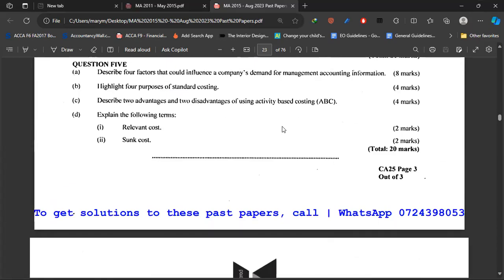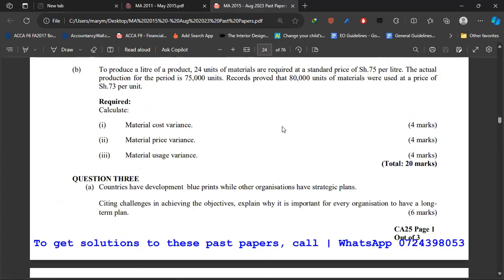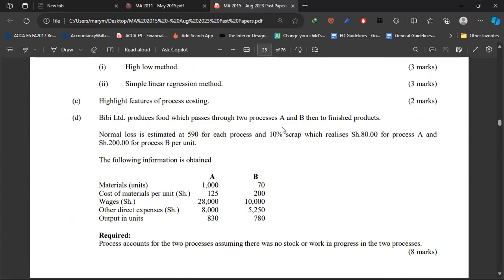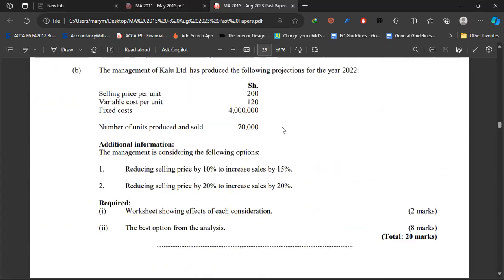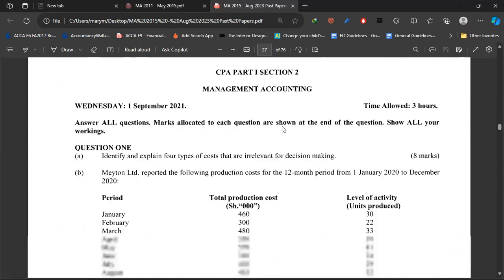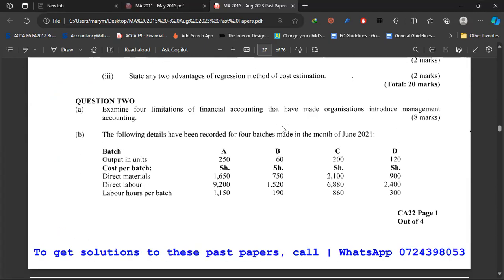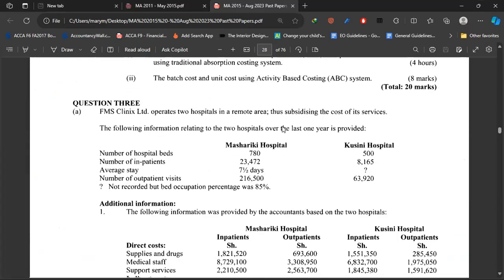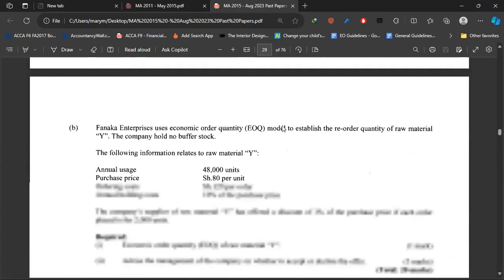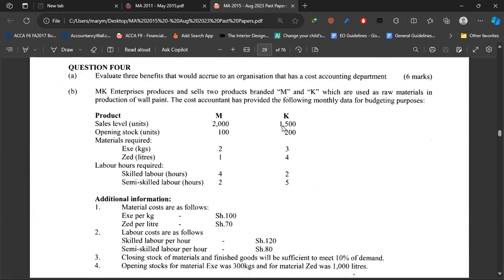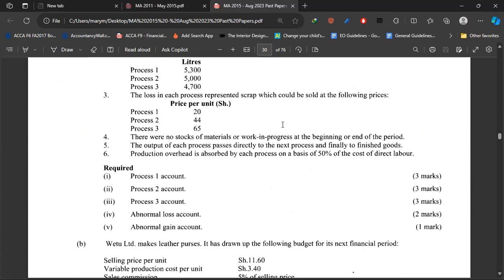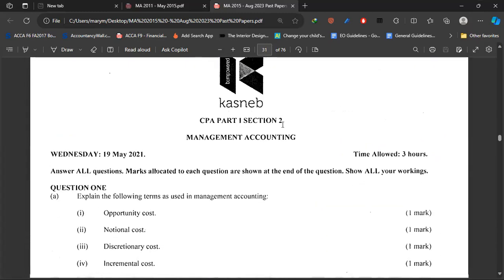You'll realize all the questions for labor remuneration and all the questions for overheads are similar. So we just need to choose one, we do it, then allow you to continue doing your revisions with the questions which already exist in your past papers.